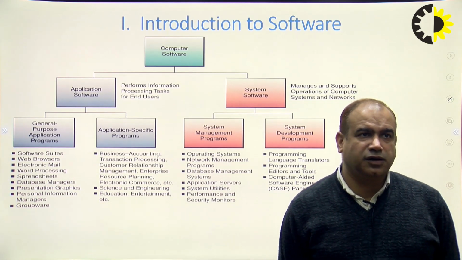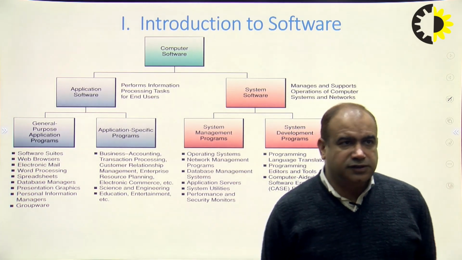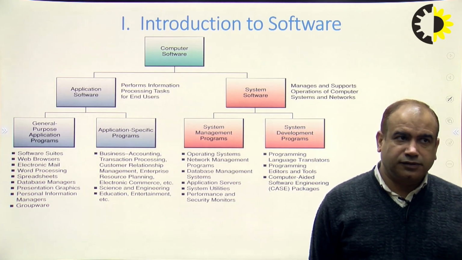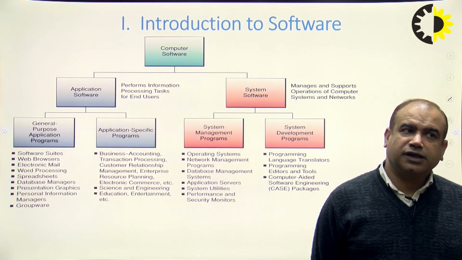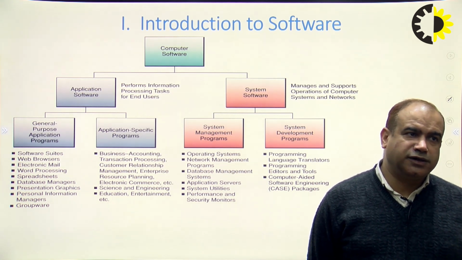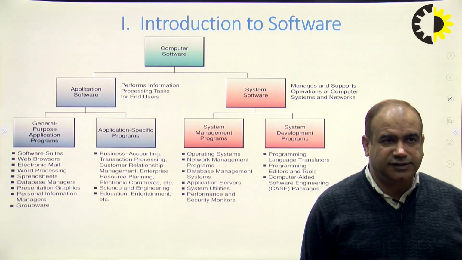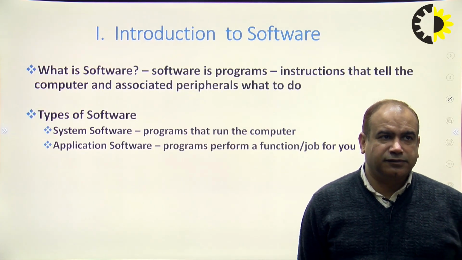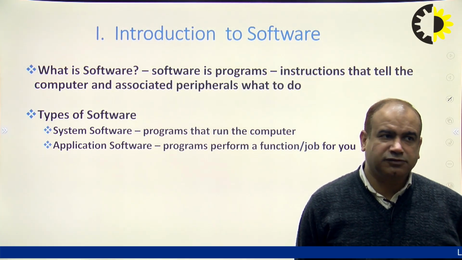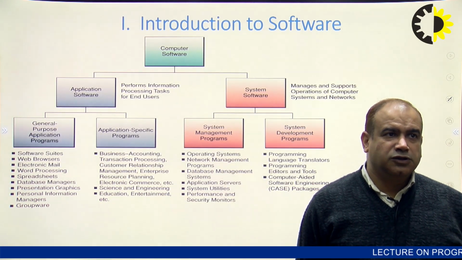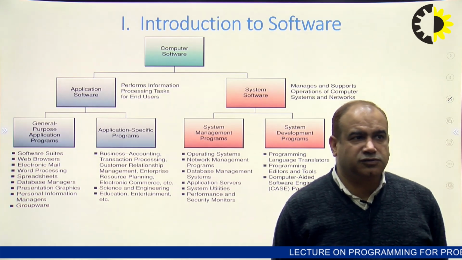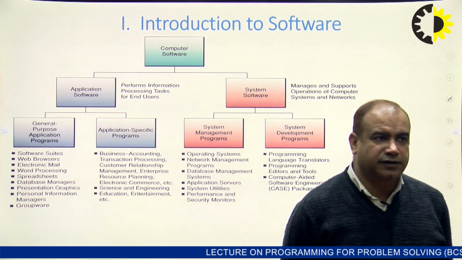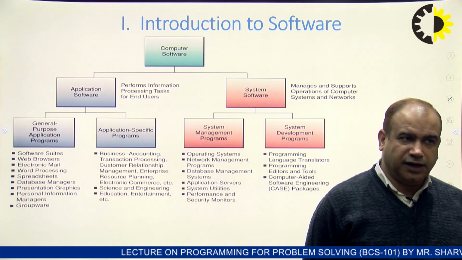Next, we are talking about the classification of software. Computer software can be classified into two parts: application software and system software, as I talked about earlier. Further classification of these two kinds is written in these boxes.